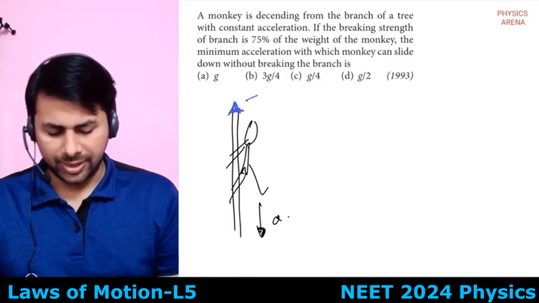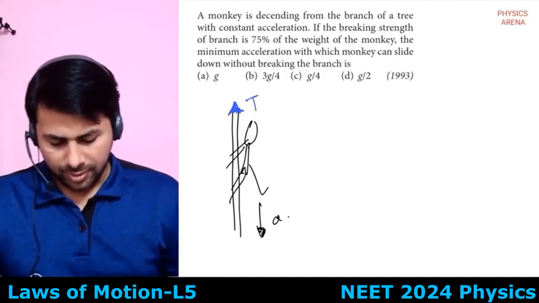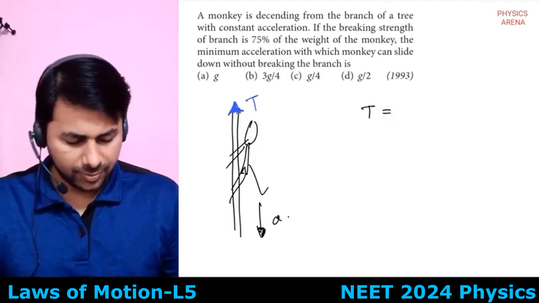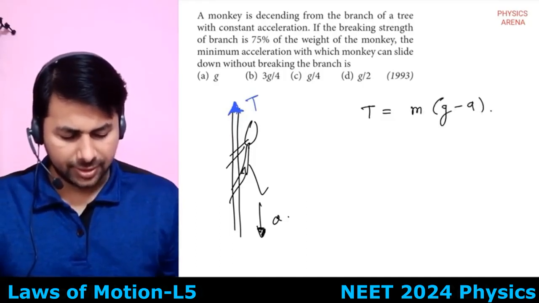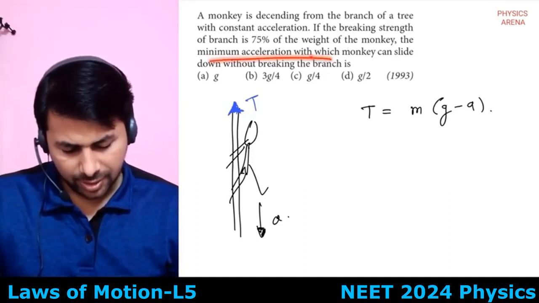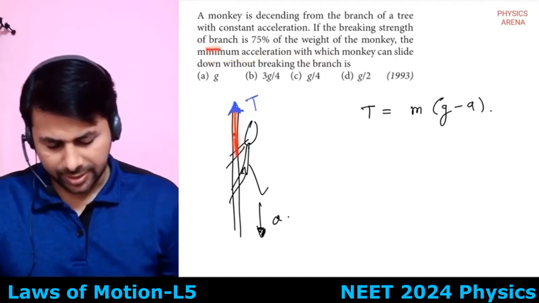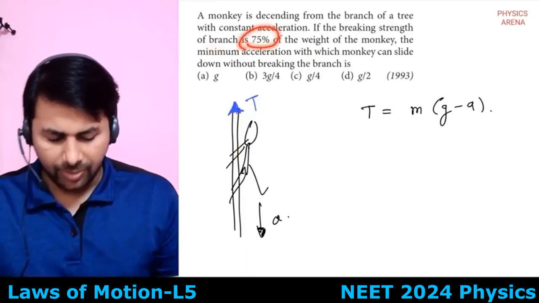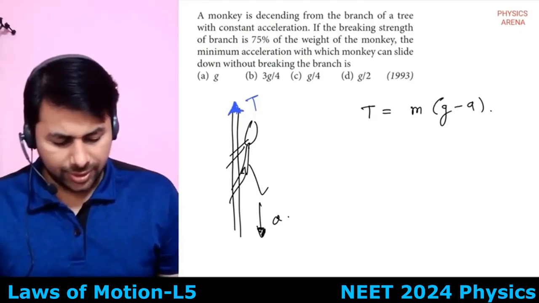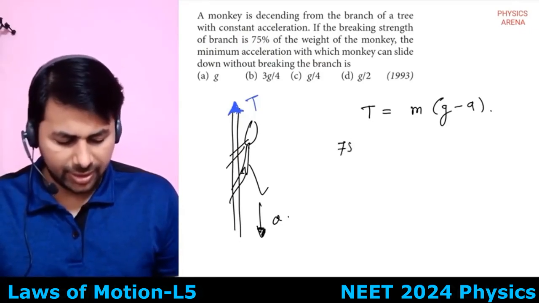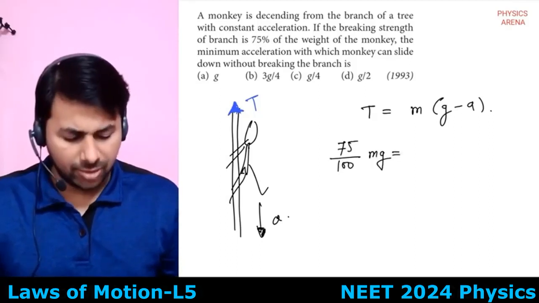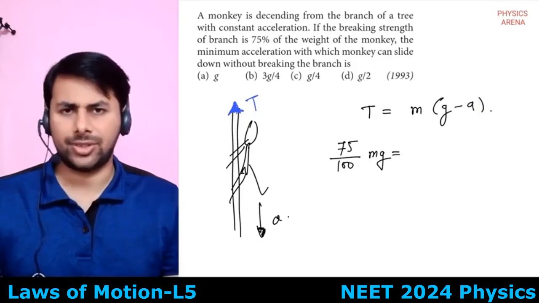Right. So there will be some tension in this branch, and that will be equal to M into (g minus a). And it's given that the maximum tension this branch can bear is 75% of the weight of the monkey. So this maximum tension is equal to 75 by 100 of the weight of the monkey. Then how much should the acceleration be is the question.